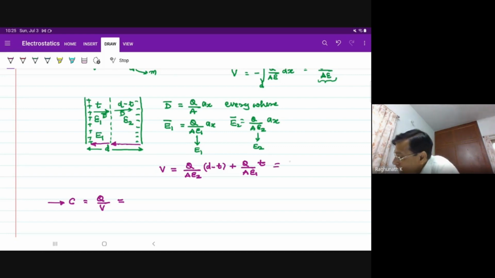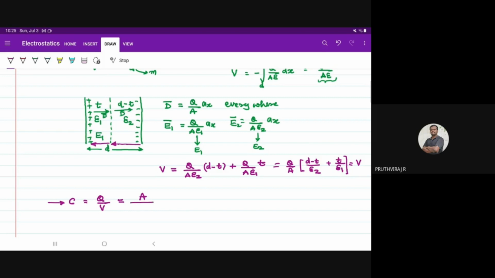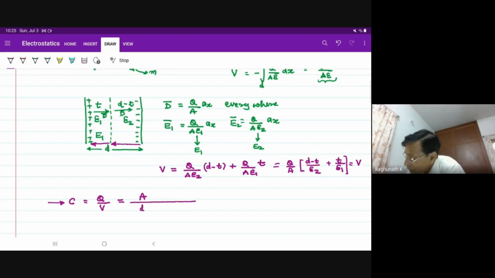This is equal to Q by A into D minus T by epsilon 2 plus T by epsilon 1, which is equal to V. Q by V is A by D minus T by epsilon 2 plus T by epsilon 1.